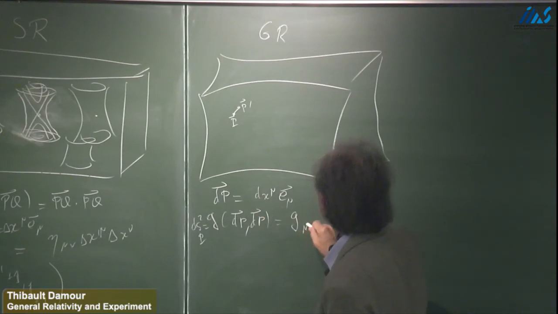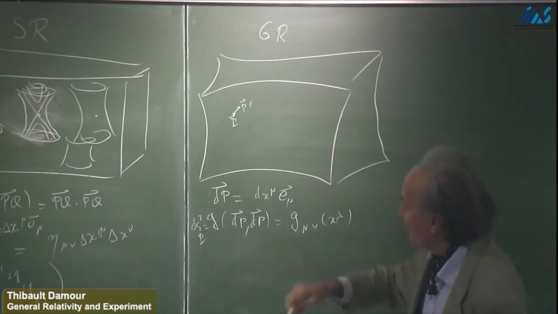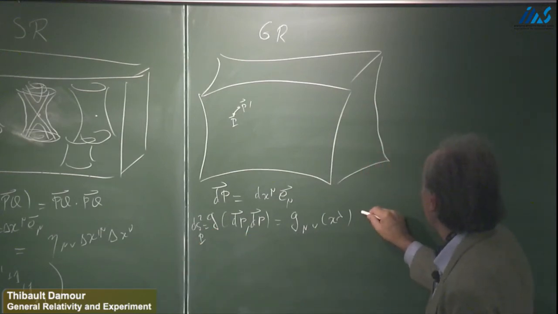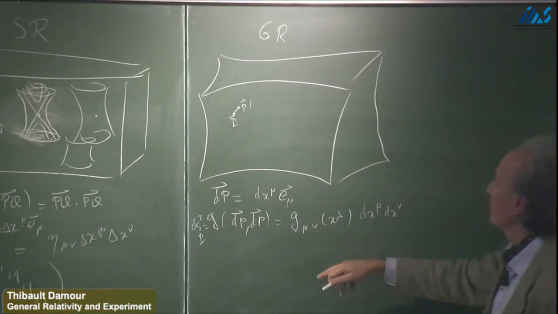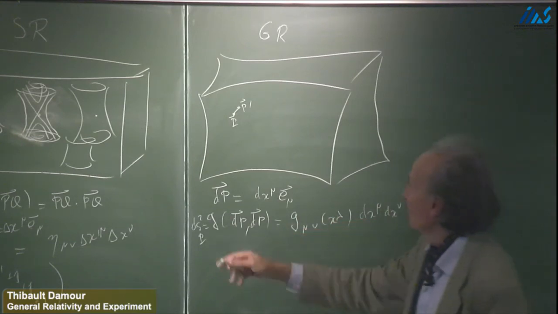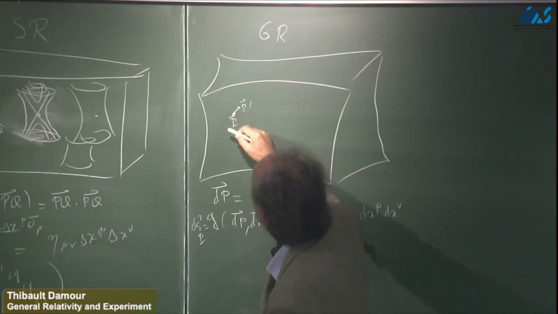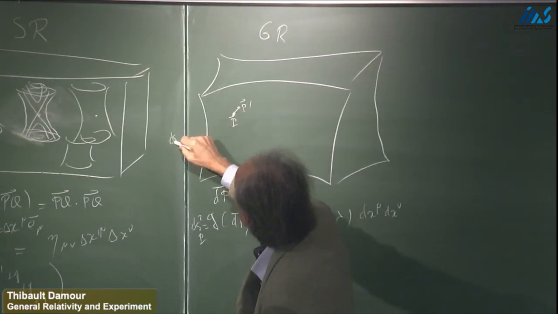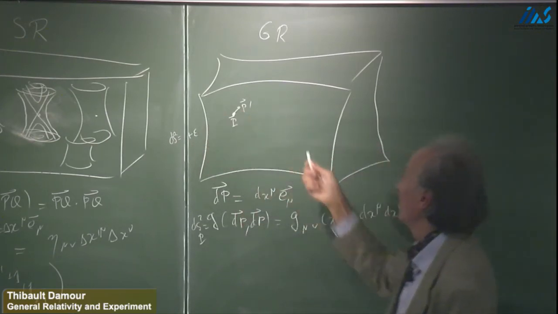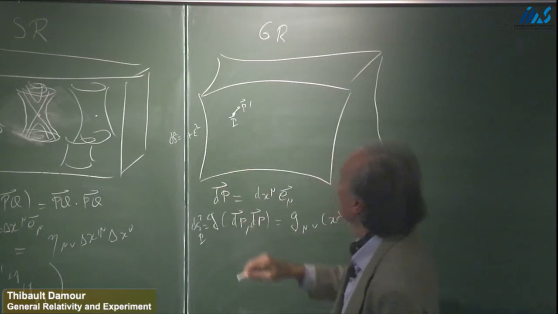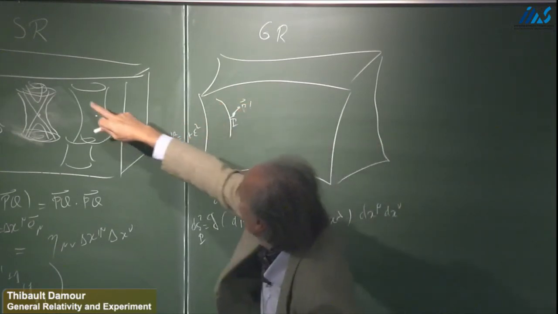In coordinates at each point x, we have no longer the constant functions eta, but some general quadratic form in 4 variables, with locally the signature minus plus plus plus. If I look at the set of points around P where ds square is equal to some positive infinitesimal epsilon square, it will locally look like this.